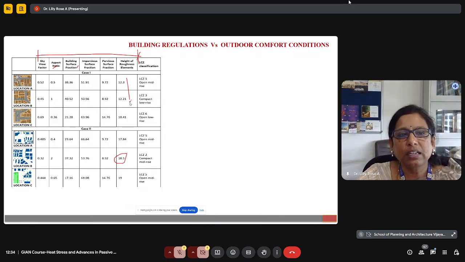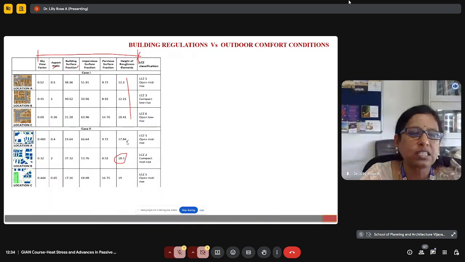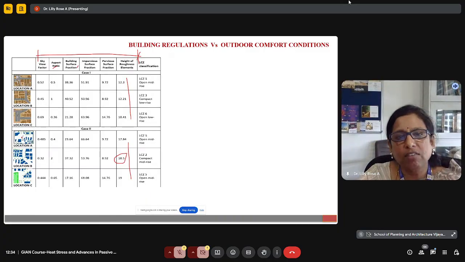So if you see here, the height of roughness element are lesser because the building heights were much less. In case 2, the building heights were increased, but then vegetation was not increased. So the roughness element increased in case 2, wherein here the building heights are increased and plot coverage increased, but retaining of existing vegetation.